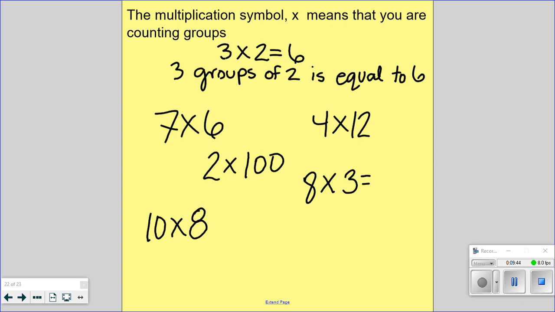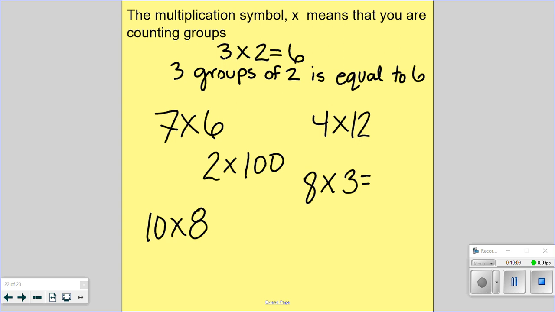What words did we use? Because I didn't say 3 times 2. What did you write down? So instead of saying 3 times 2, I said 3 groups of 2. How would I read that down here then?